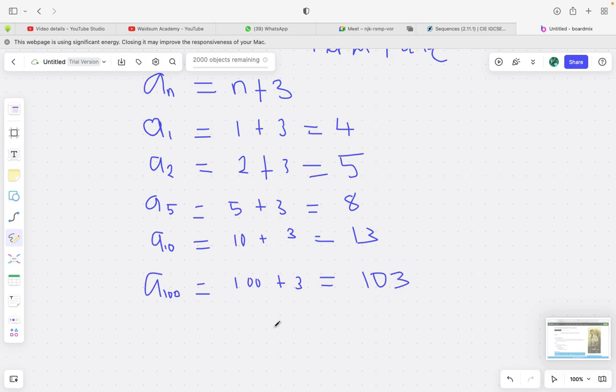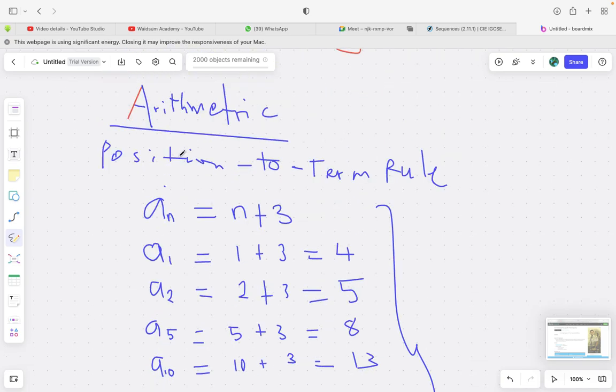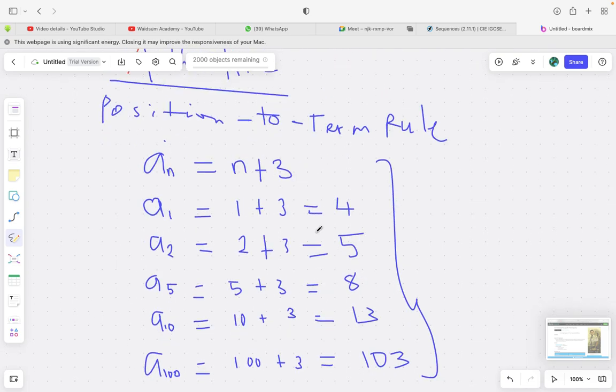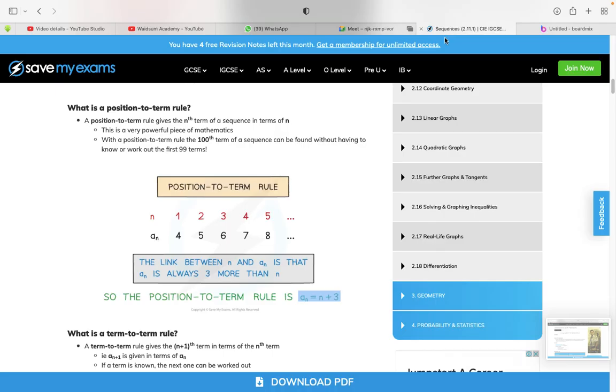Okay, so this is called the position to term rule. Use the position to term rule to find your sequence, to find your nth term, the number of term in a sequence. So the position to term rule is this, which we have itemized for this question.